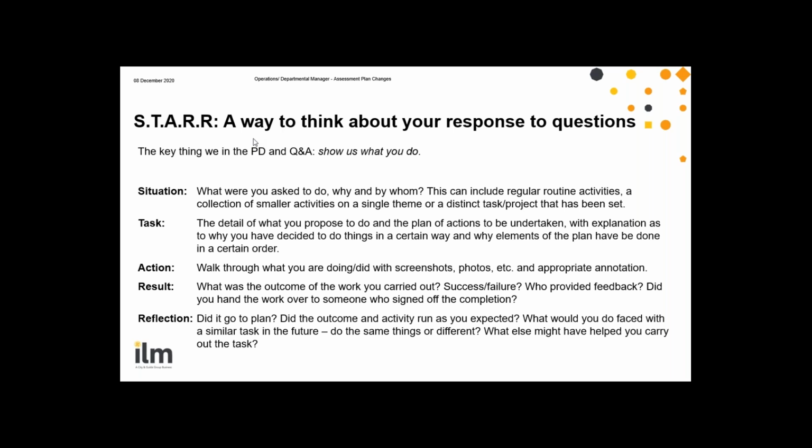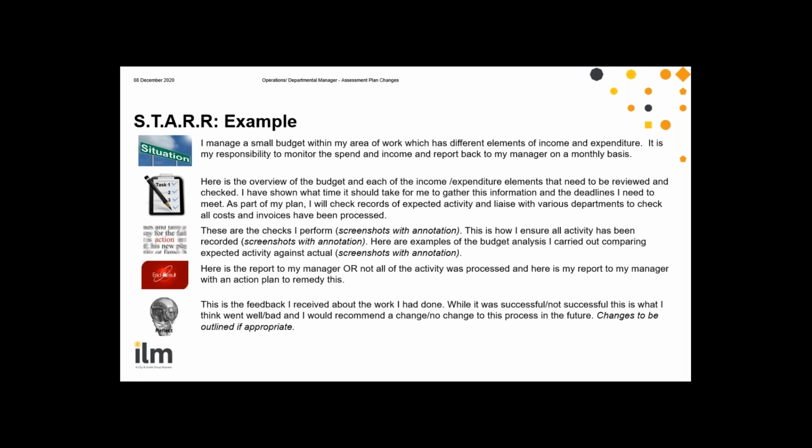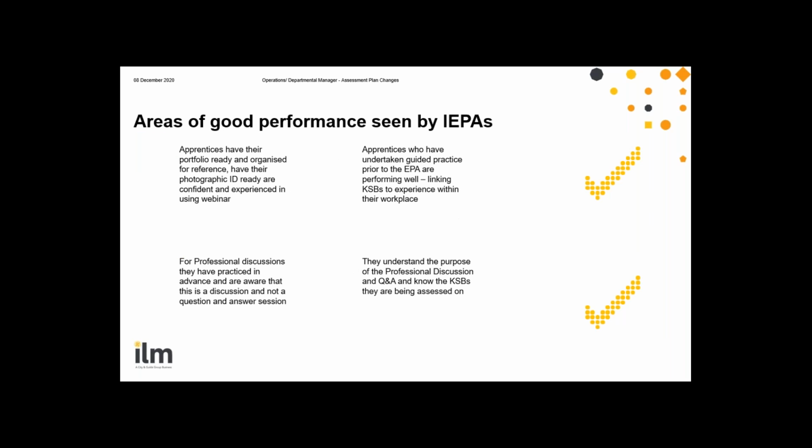This is a model that I quite like: explain what the situation was, the task that was undertaken, what actions were taken, the results, and the reflection on how it went. I've got an example here, which I will leave you to look at once we've issued the presentations.